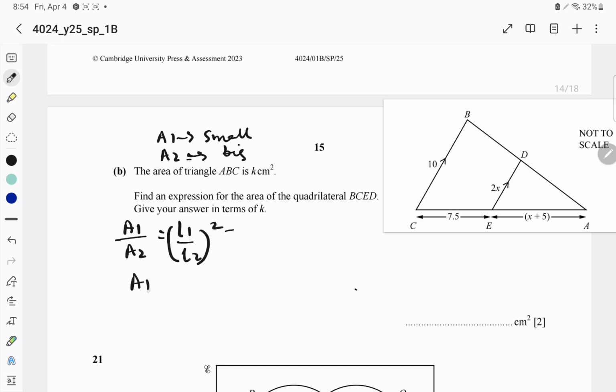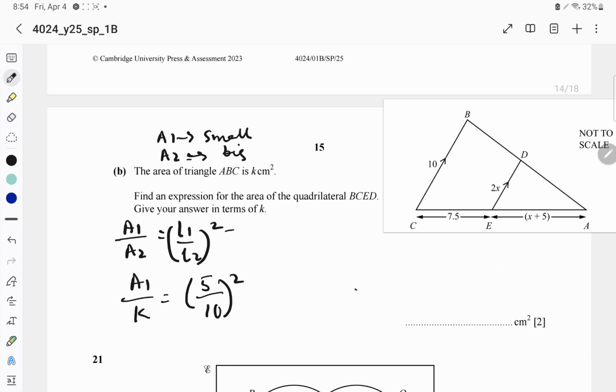So that is A1 upon k. The smaller triangle length is 5 and the bigger triangle length is 10. Why did I take 5? Because 2 times 2.5 is 5, and the other is 10. So 5 over 10 whole square. Just check the diagram.